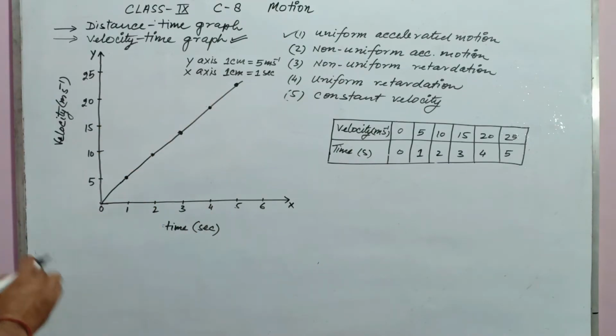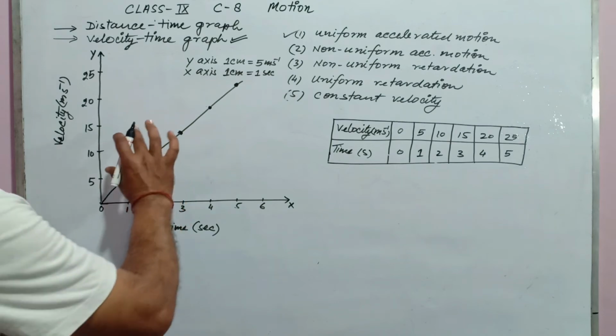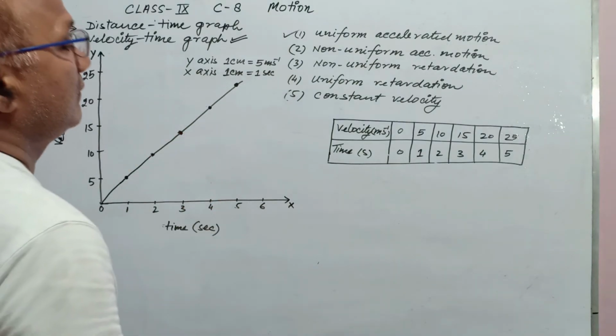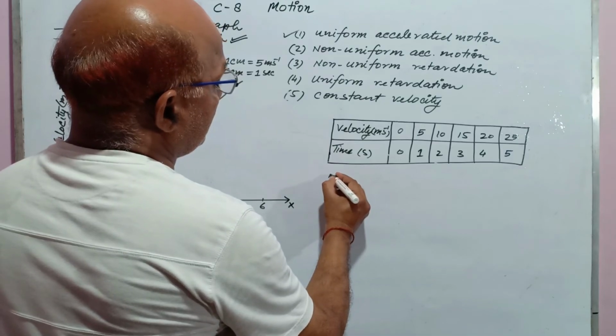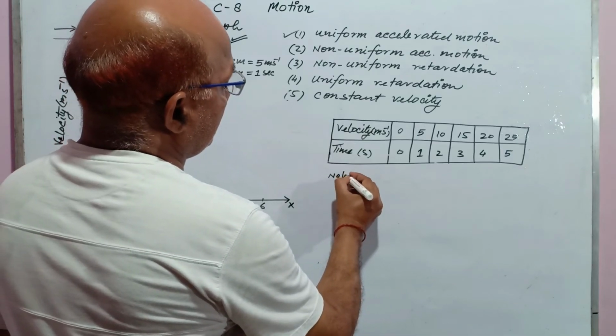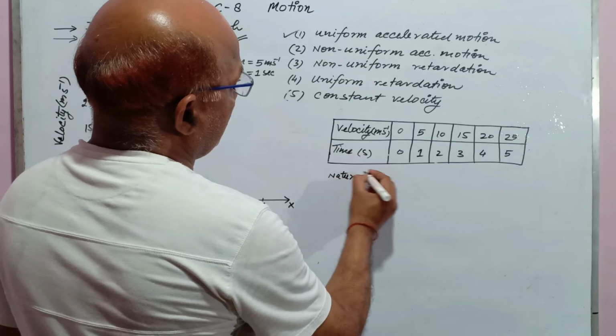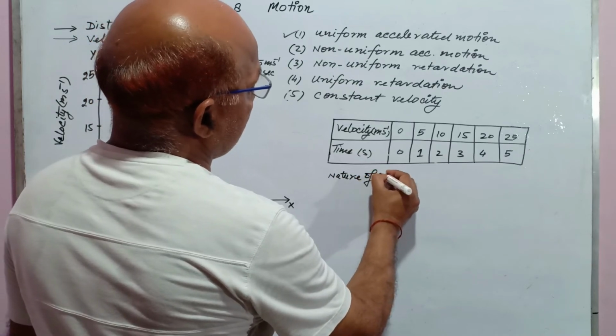It means the body is moving with uniform accelerated motion. So from this graph we can find out the nature of motion.